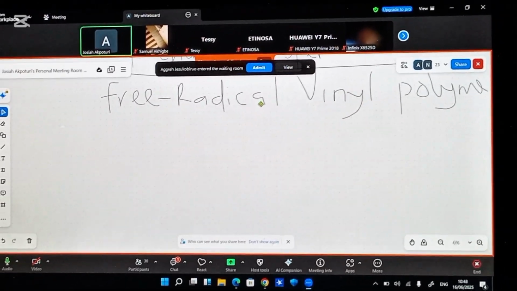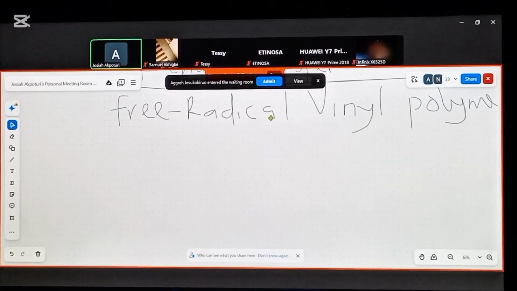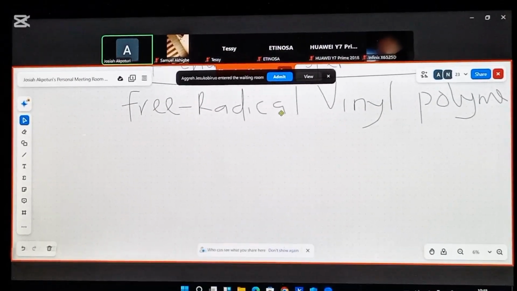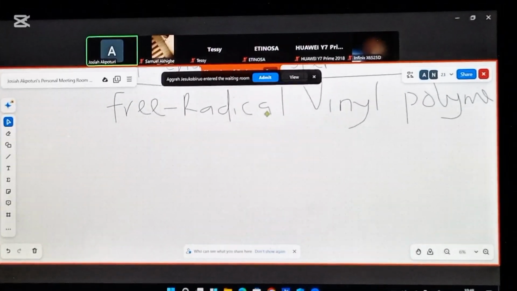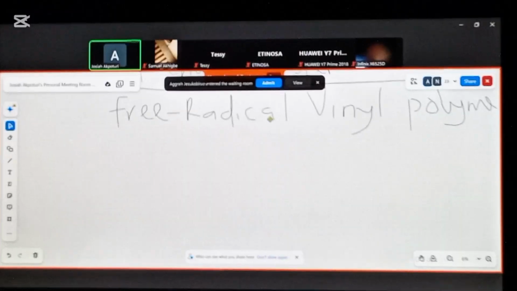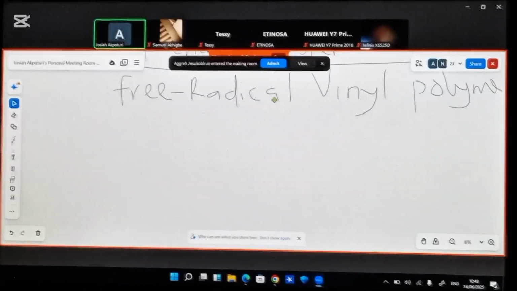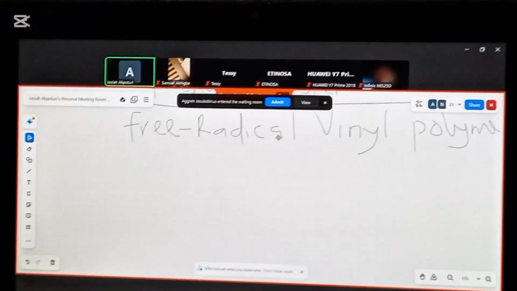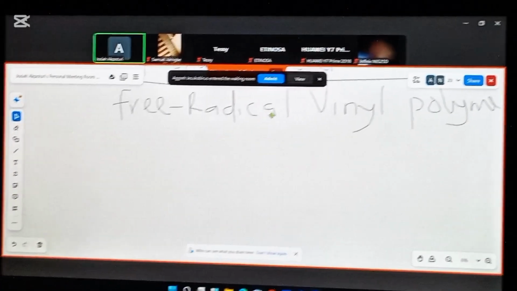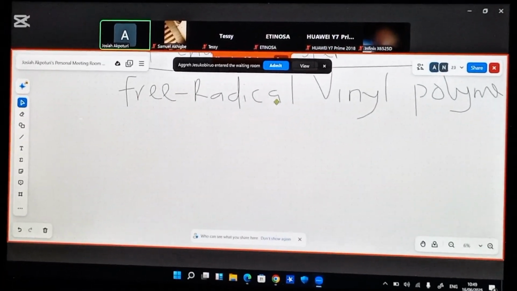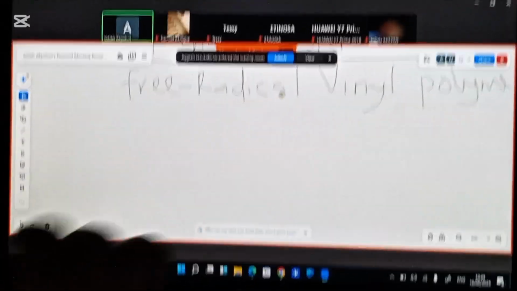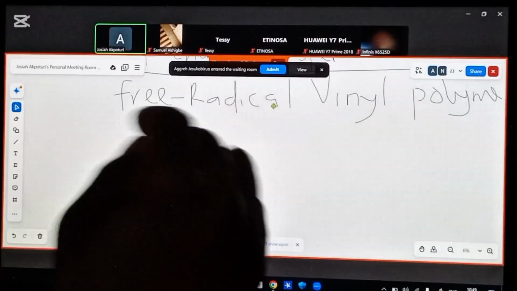And this molecule can be in the form of a substituted ethene molecule. So this is what I mean.